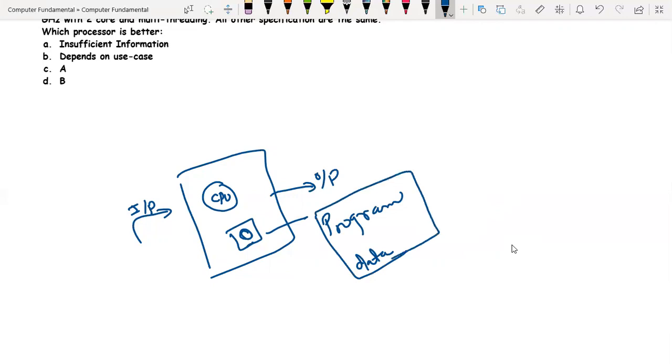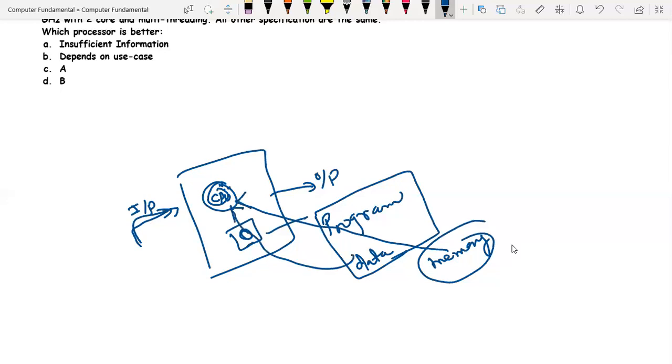You need some memory. When you provide some input, the CPU takes instructions from this memory and data from this memory, executes it, and then generates some output.